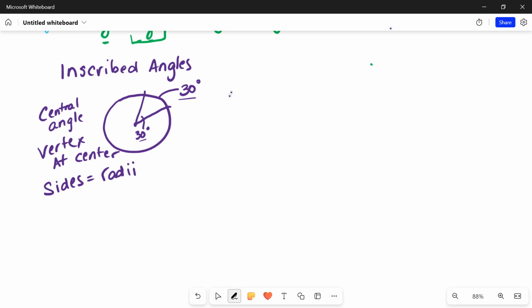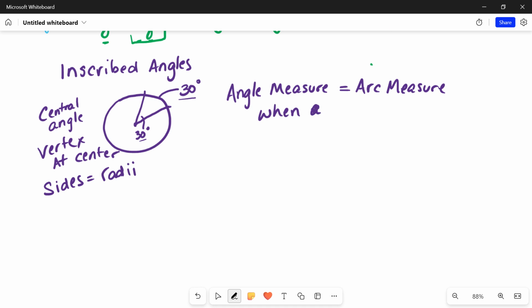So the angle measure is going to equal the arc measure when I have a central angle, when the vertex is central.